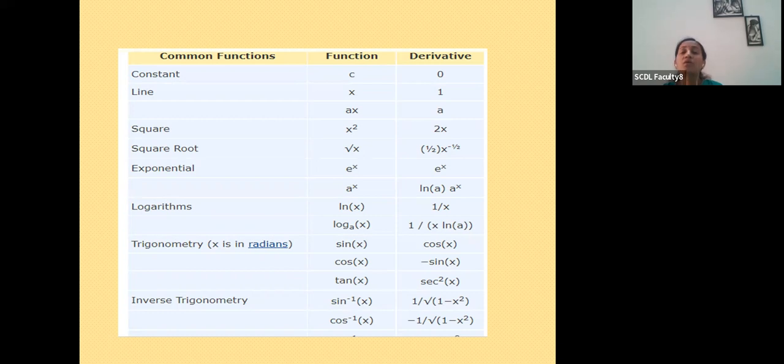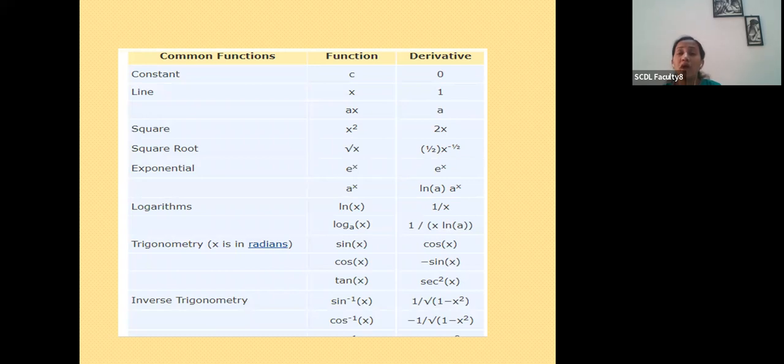When ax is present, like d by dx of ax, the derivative of ax is nothing but only a. A can be any variable, any number. Next, x square, d by dx of x square is equal to.